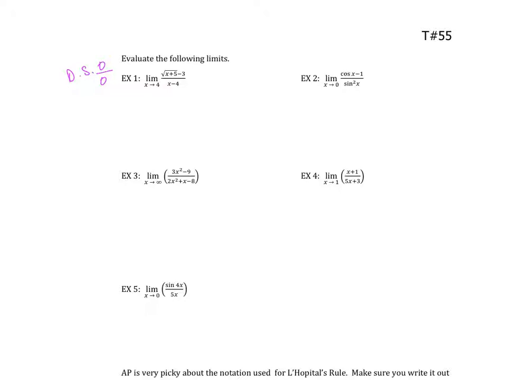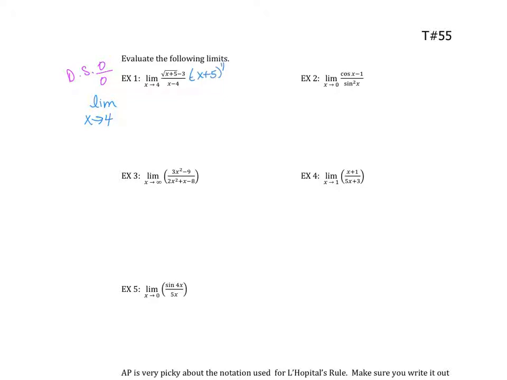So let me now take the derivative. Since I'm able to use L'Hopital's rule, I'm going to say the limit as x approaches 4. Now think of this one as being x plus 5 to the 1/2. This is on multiple choice, so I can kind of write whatever I want.